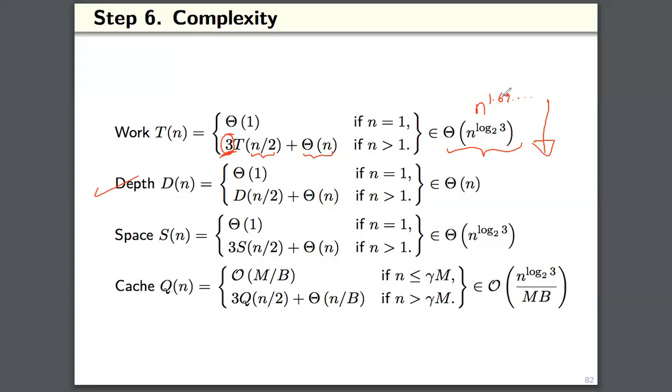So let's write it as something like O of. See, you should never write theta of n power 1.6. Do you know why? Because log 3 base 2 is a real number. That means it has infinite decimal digits. You can only write theta if you write those infinite decimal digits or with dot, dot, dot, right?